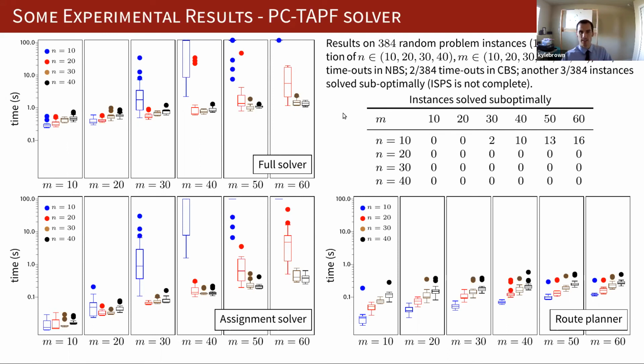And mathematically, these problems resemble more and more a traveling salesman problem as that ratio of tasks to robots increases. So it's not surprising at all that the algorithm struggles here. But it is, of course, worth noting that for cases like this, we would do well to employ suboptimal approaches that have better runtime guarantees.